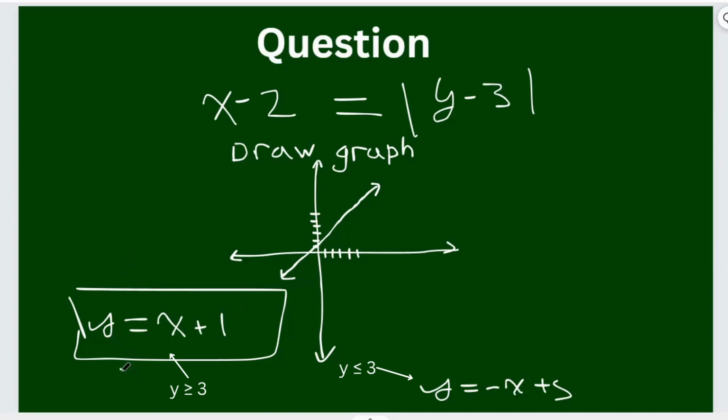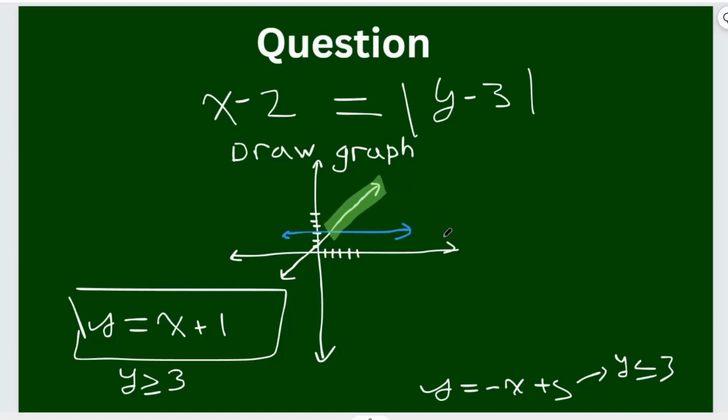However, this will only hold, I should probably write the condition here. This will only hold when y is greater than or equal to 3. And this part here is y is smaller than or equal to 3. So if you draw the y equals 3 line, you get this line. Only this part, including the part with y equals 3, is going to remain because that's the only part with y greater than or equal to 3.